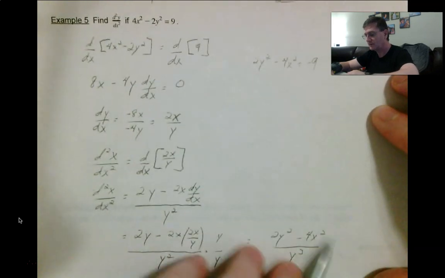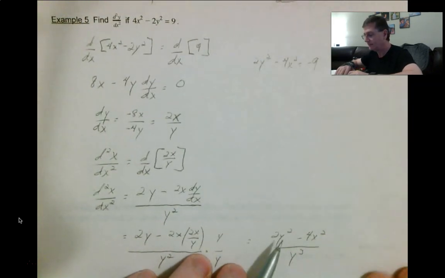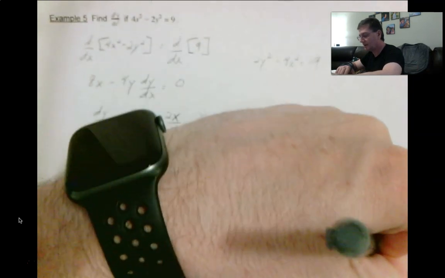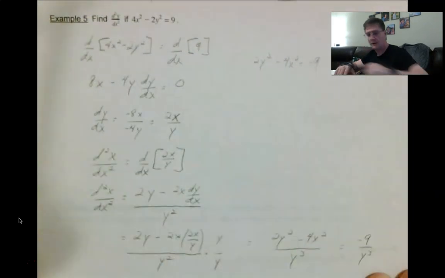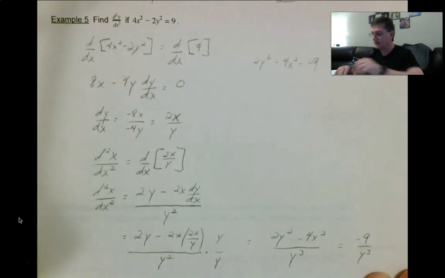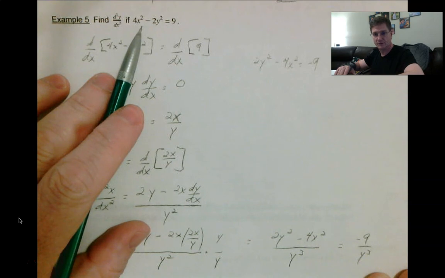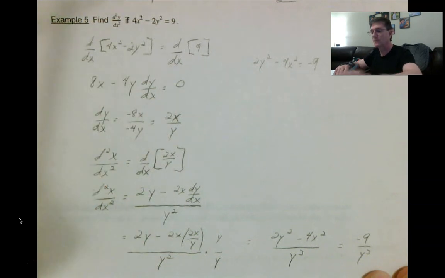I can replace this entire numerator with negative 9. Negative 9 over y cubed is the second derivative of this original function. Okay.